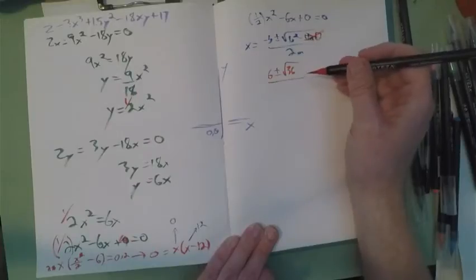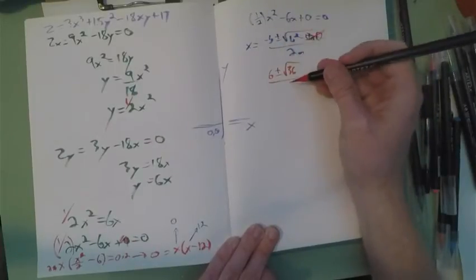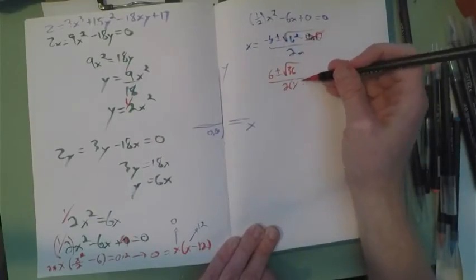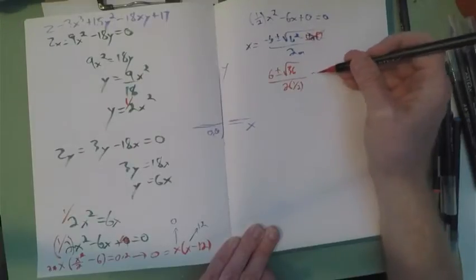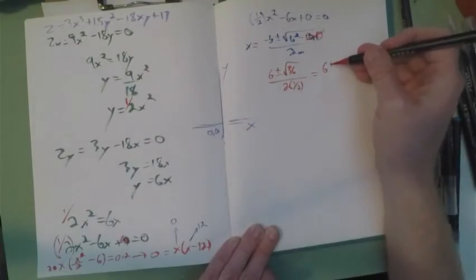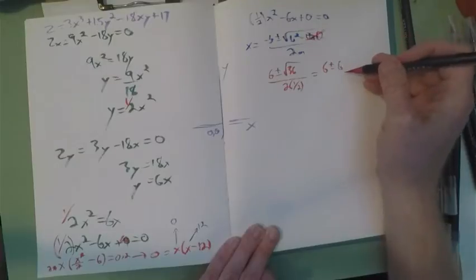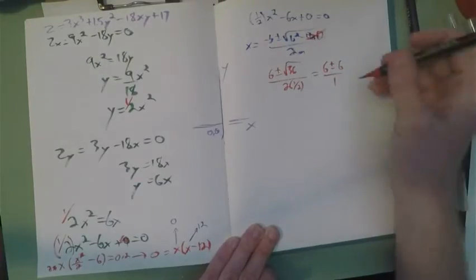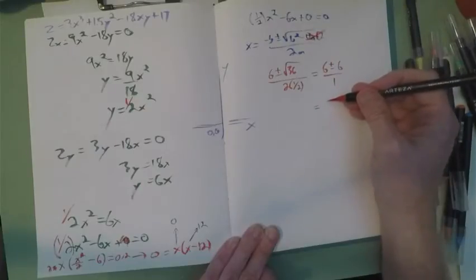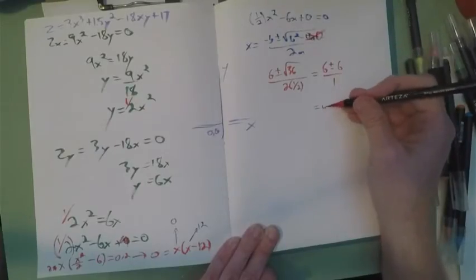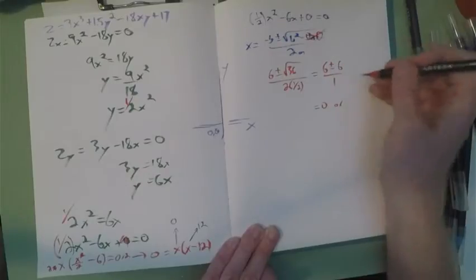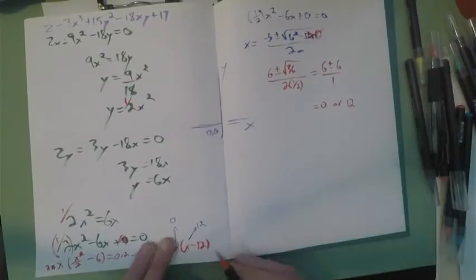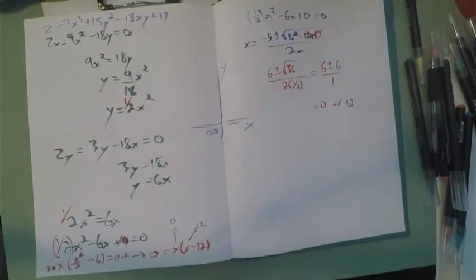All over 2a, 2 times 1/2 is 1. That's pretty convenient. We got 6, give or take 6, all over 1. Ooh, this is nice. We've got either 6 minus 6 is 0, or 6 plus 6 is 12. So we still get those same answers.